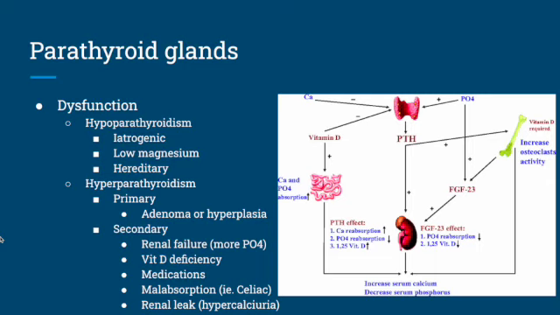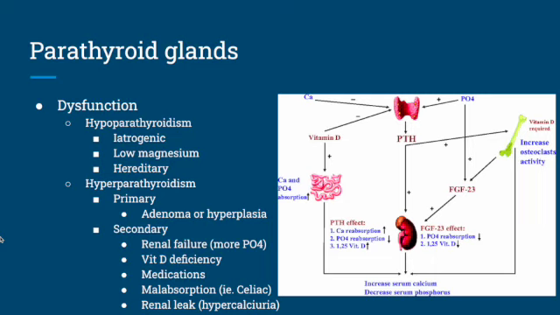And as you might remember from a chemistry class, the calcium phosphate will bind together, and that forms mineralized bony tissue. And some of the other important elements of this diagram are that when the PTH is released, it can go and act on the kidney to increase the amount of calcium that is coming back into the blood and decrease the amount of phosphorus that's coming back into the blood.